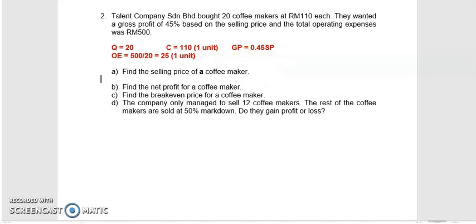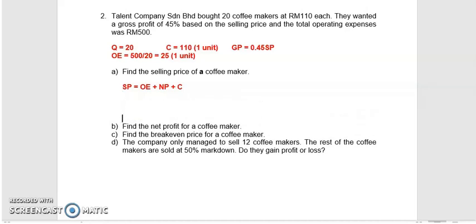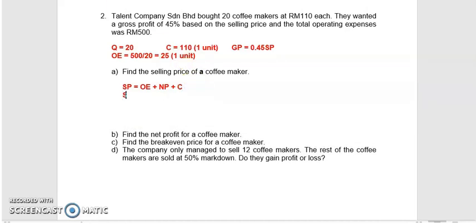So note here that again, we need to use formula with operating expenses. So what is formula for selling price? SP equal to OE plus NP plus C. So OE is 25 ringgit plus net profit.